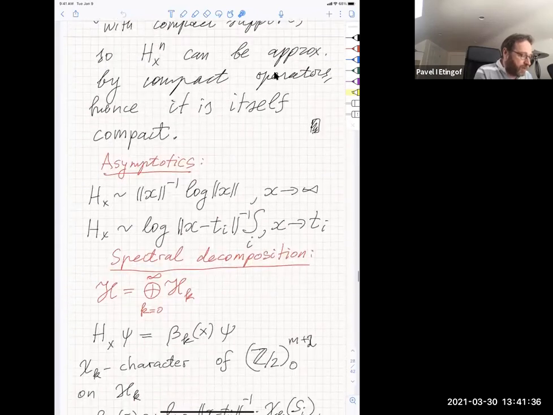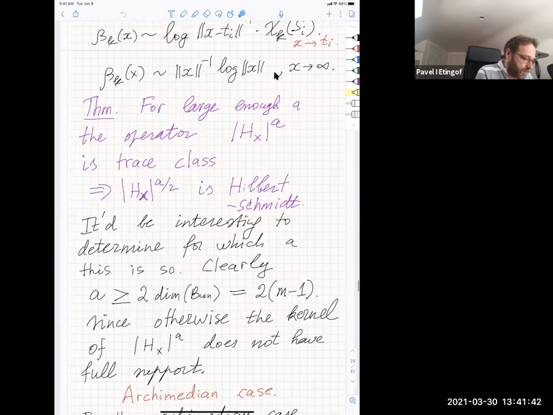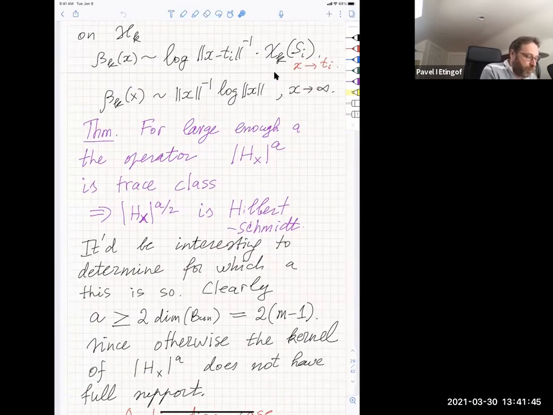Okay, so for large A, this is a Hilbert-Schmidt operator, but it can't happen any earlier than the dimension. For this to be Hilbert-Schmidt, I need the kernel of this operator to have full support.